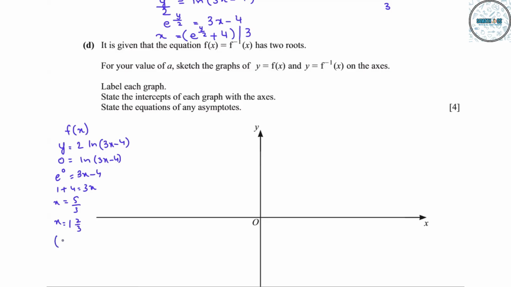So we have coordinates 1 whole 2 upon 3 comma 0. It means for f inverse of x, the coordinates are 0 comma 1 whole 2 upon 3.